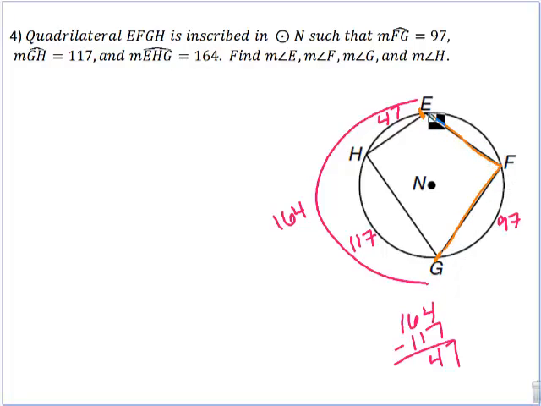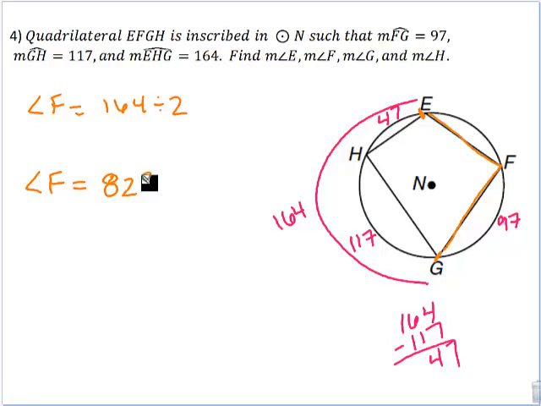Do we get an angle? Not 90, but we get this angle F, right? So angle F here intersects the arc EHG. And if we know EHG is 164, how could we get angle F? Divide by 2. So to get angle F, we could take 164 and divide it by 2. So what would angle F be? 82 degrees.